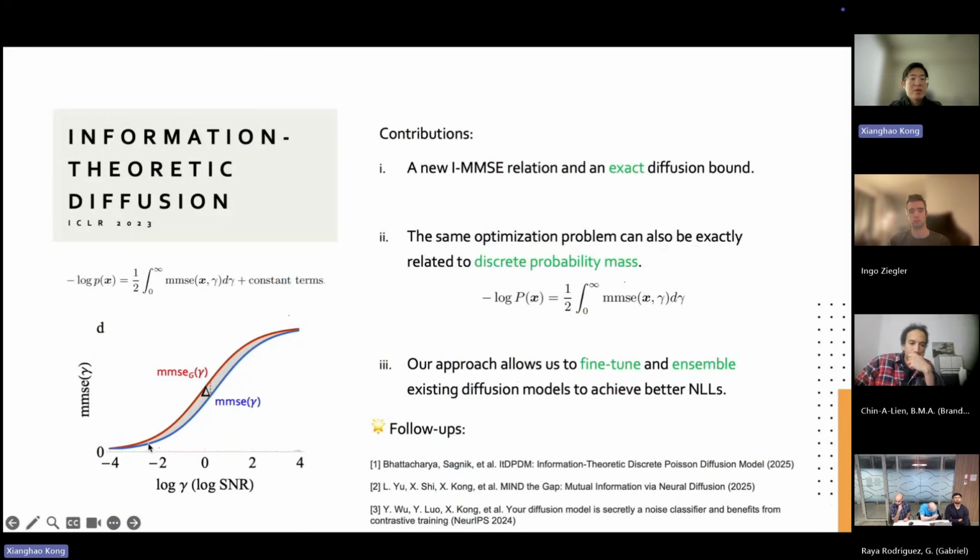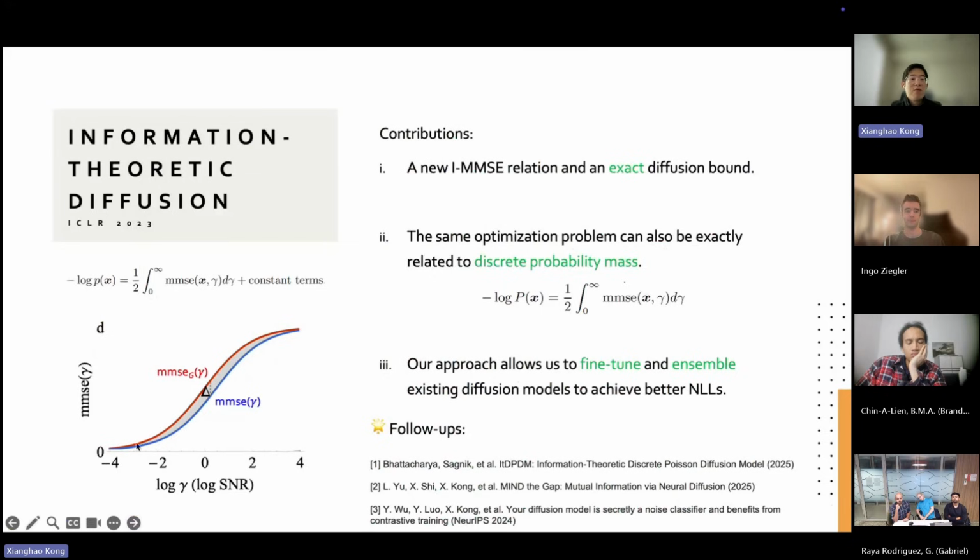But you can think about if we train multiple denoisers, we can get multiple MMSE curves, right? Ideally, we get an optimal denoiser, so we can get one optimal curve for this blue one. But in reality, it's very hard to train an optimal denoiser. So the best way is to train multiple denoisers.